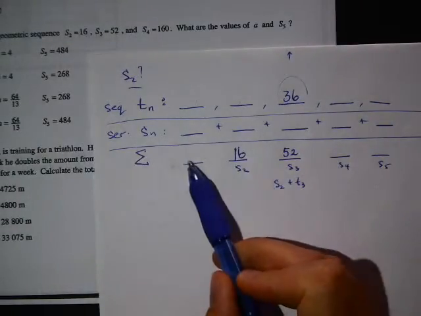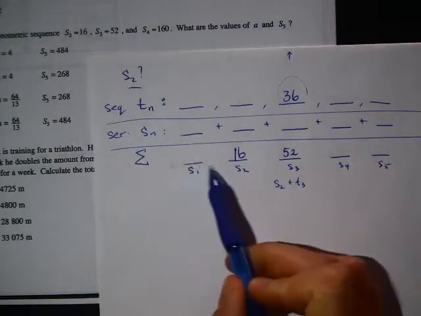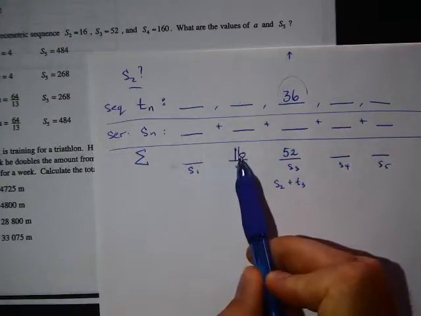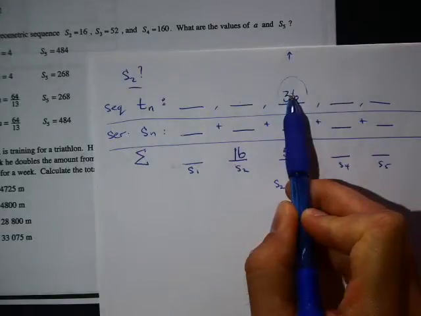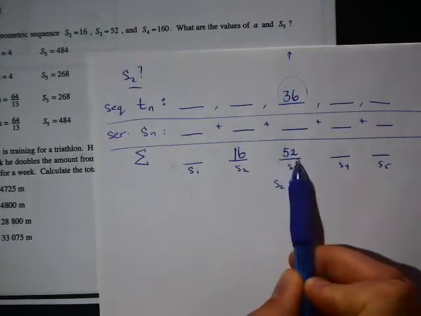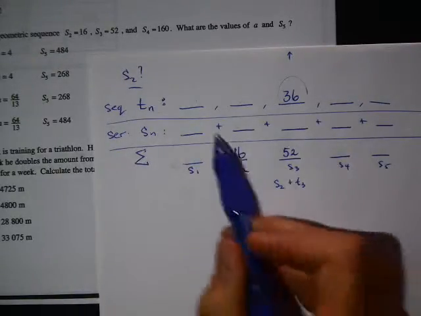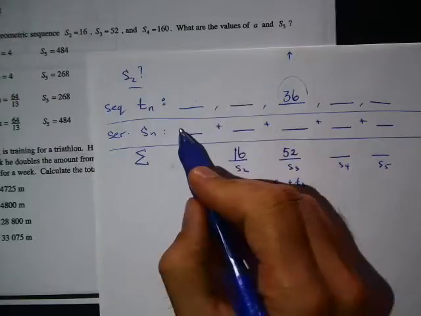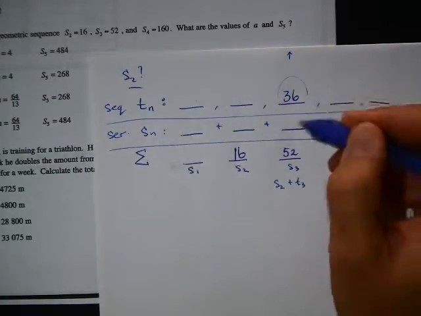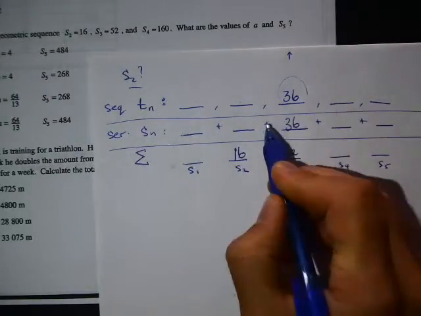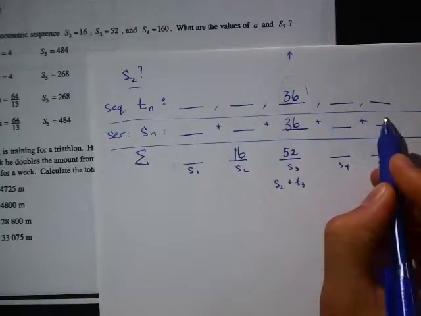So S1, S2, that means it's everything added up to the end of the second spot, plus the third term gives us the sum up to the third term. I'm just showing it here as the total statement. So 36 here is because we're showing the adding together.